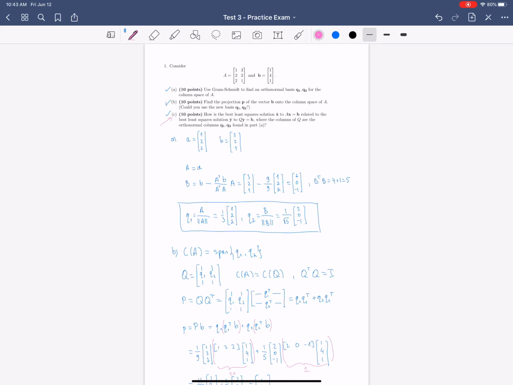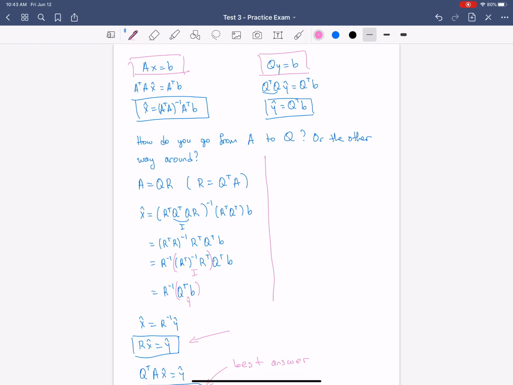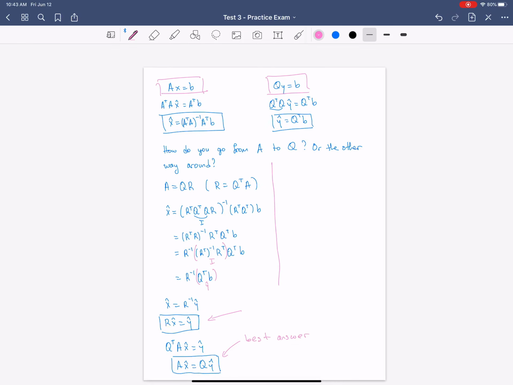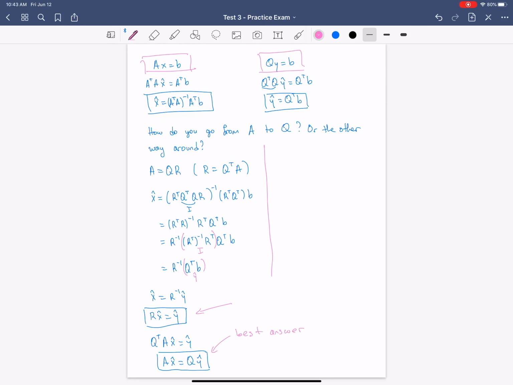You can use the exact same logic that we used in problem 1 part C, where we applied the Gram-Schmidt algorithm, and we knew that A and Q are related through a matrix R, which is upper triangular and invertible. But if you notice from the solution that we have here, I'm not going to repeat part B. Part B is just exactly what is on this page.